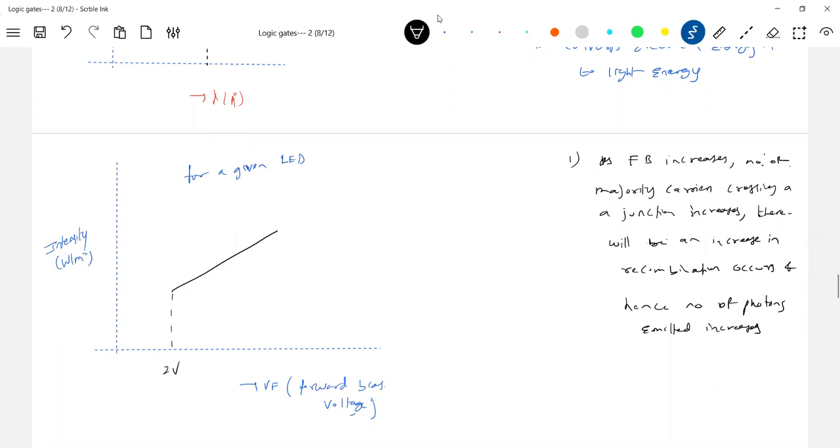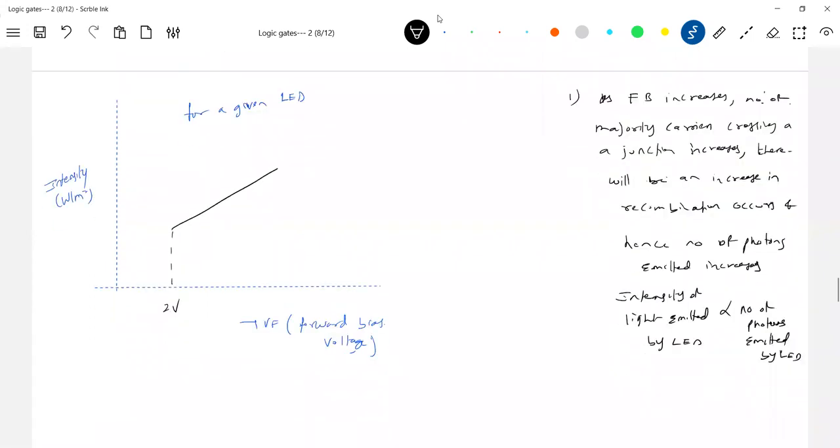If the number of photons increases, we know the intensity of light emitted by the LED is directly proportional to the number of photons emitted by the LED. So what do you expect? Therefore, the intensity of light will increase. It is justified, a straight line.